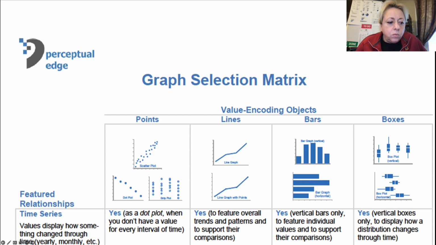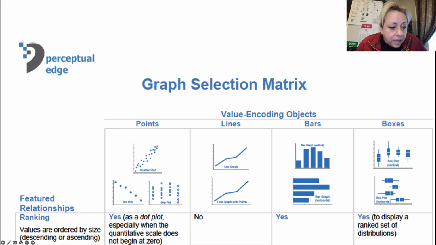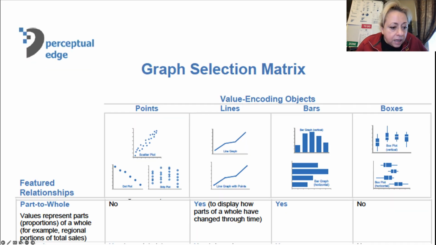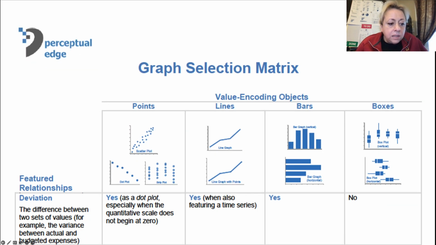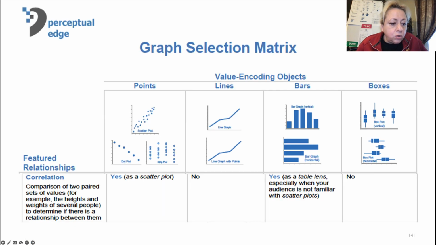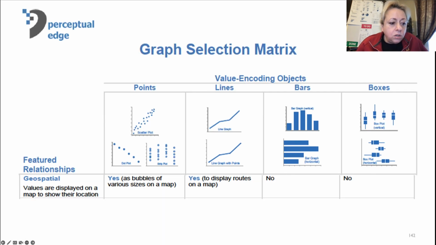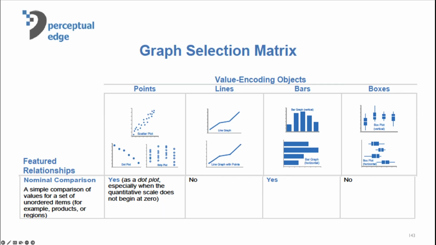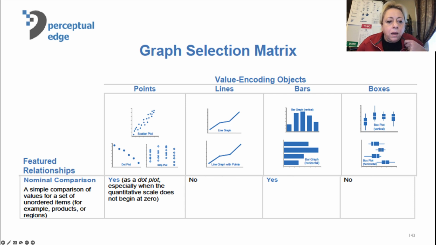What are you trying to do, what kind of relationship? Is it time series? Is it ranking? So under the feature relation, is it ranking? Is it part of a whole? Is it deviation? Is it distribution? Is it correlation? Is it geospatial? This will tell you what kind of relationship and which type of graph you should consider using, and that will help you pick the correct graph.